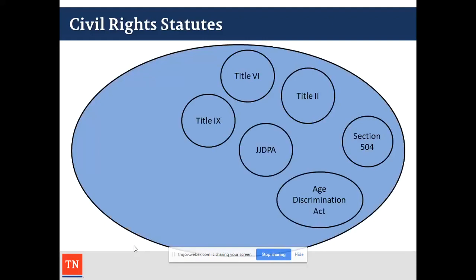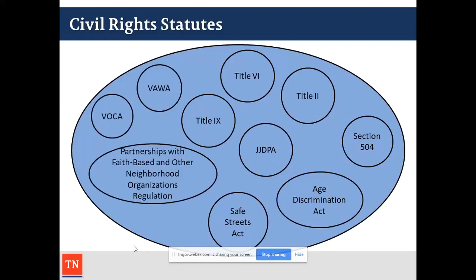So you have Title VI, Title IX, Title II, Section 504, the Safe Streets Act, Violence Against Women Act, VOCA. All of these are included in civil rights. And I want to point that out, that when we refer to civil rights, we're not talking about just Title VI or just Title IX or just Title II. We're talking about everything that's in that big blue bubble.